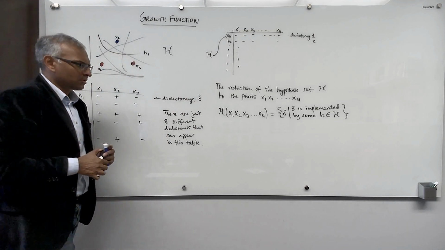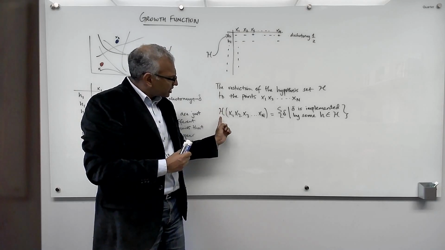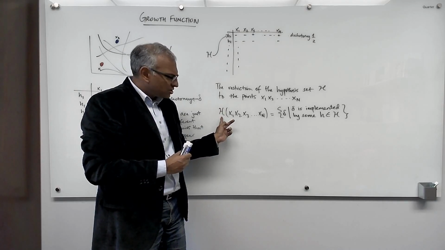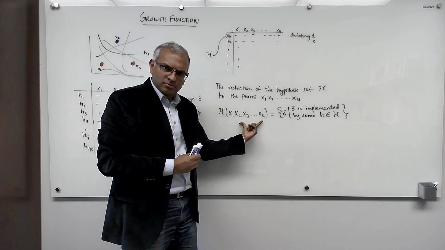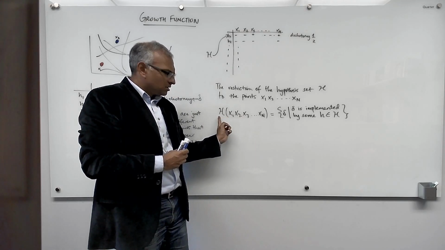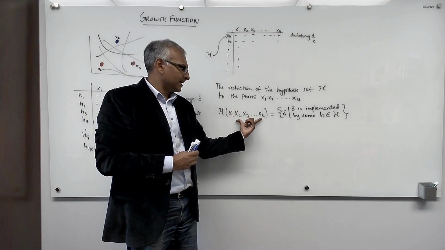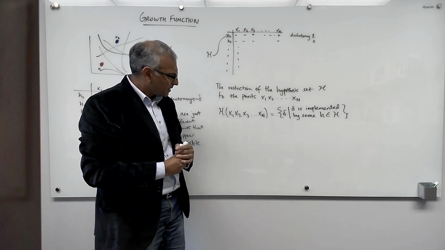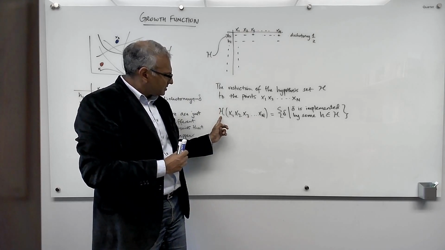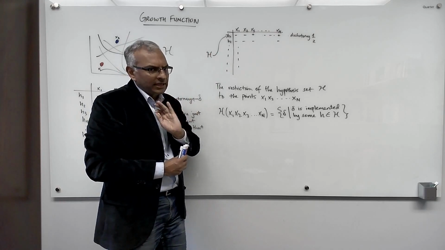Now, important observation. This is the restriction of H to a data set. You can think of this as viewing the hypothesis set H through the lens of this set of points x1 to xn. The hypothesis set H is arbitrary. It can be uncountably infinite, but we don't care.